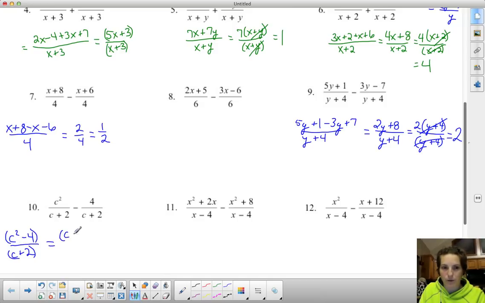Remember, it's a difference of perfect squares. So c plus 2 times c minus 2, because the O and the I of FOIL add to 0, over c plus 2. And then I can simplify so that I get c minus 2 as my answer.